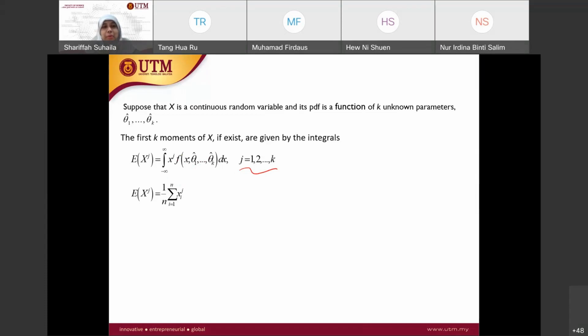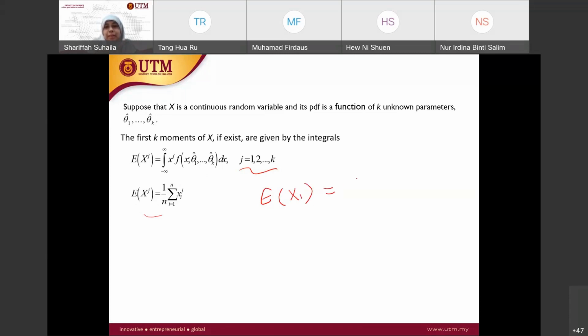You already learned about moment. Usually the first moment is your mean. So in this case the expected value of x to the power j is equal to 1 over n summation of xi to the power j.